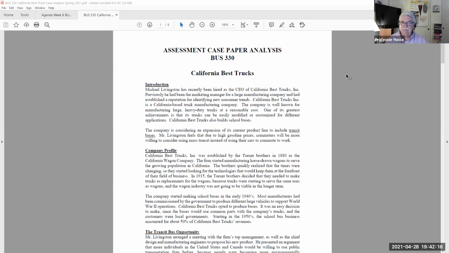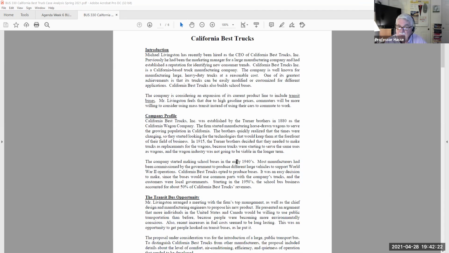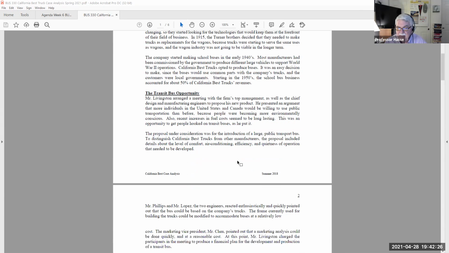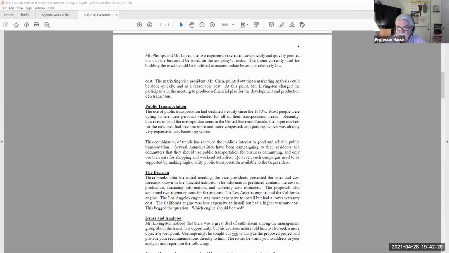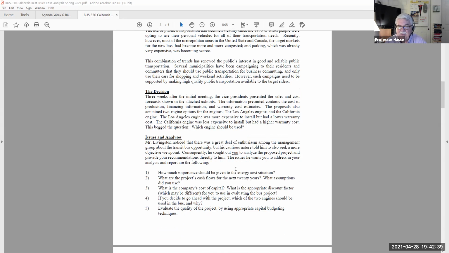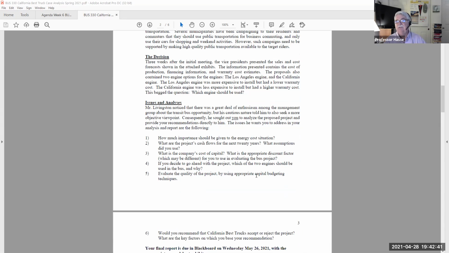That's the analysis. I give you a little bit of history about the company, which will help in your interpretation. Why the company is considering this opportunity. And the decision that you have to make to help Mr. Livingston make this corporate decision. You do the spreadsheet analysis, and then you answer these 6 questions in the paper using your analysis as data for this interpretation.